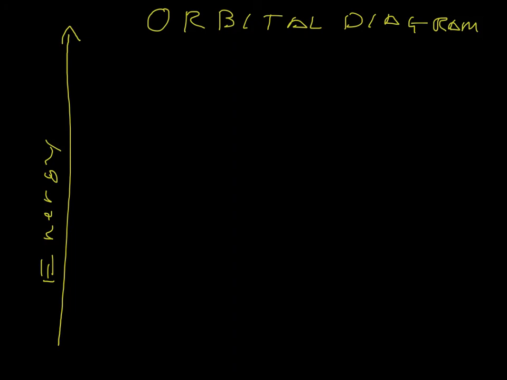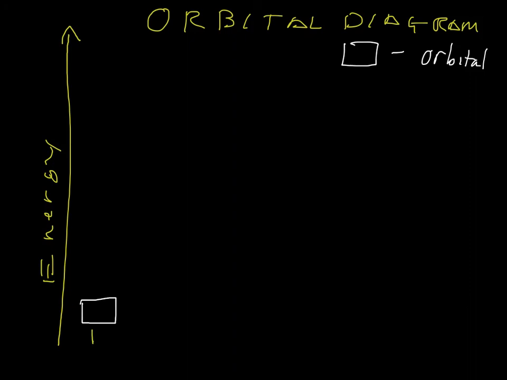In my orbital diagram here, I think I'll actually use boxes. I think boxes are a good idea here. I'm going to draw a box, and each box I draw is going to represent 1 orbital. The first orbital, or the orbital with the lowest energy, is in the first energy level, right? That makes sense.